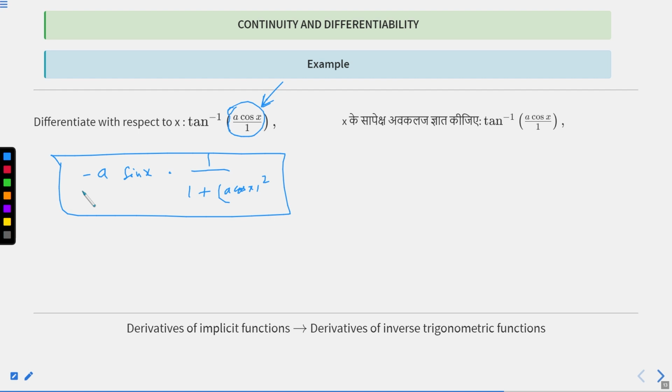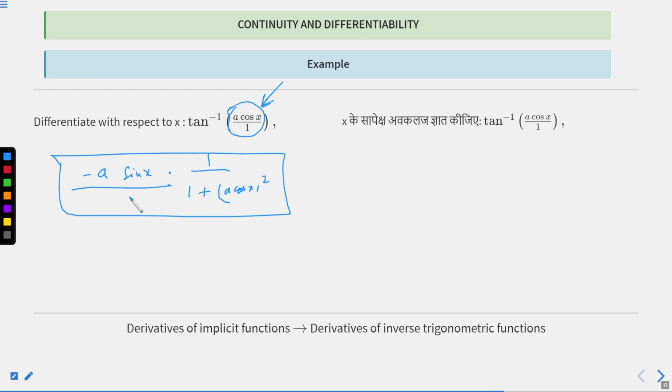As the denominator is 1, there is no need to apply the quotient rule. I can just ignore it. So you will get a cos x. Now the derivative of a cos x: a is a constant, so it will be untouched. Cos x is an expression in terms of x, so its derivative will be minus sine x. That's why I wrote minus a sine x. Simple. Now let us move to the next slide.